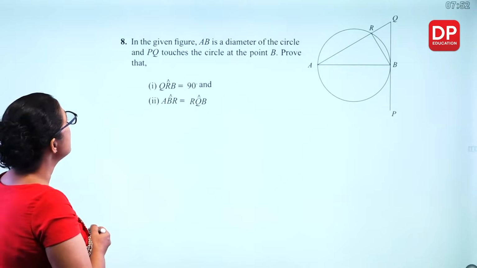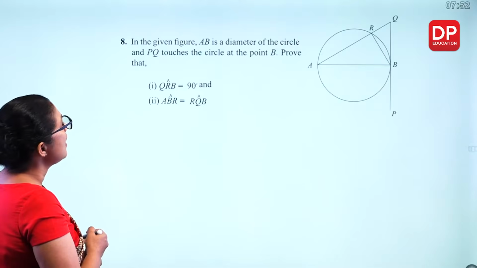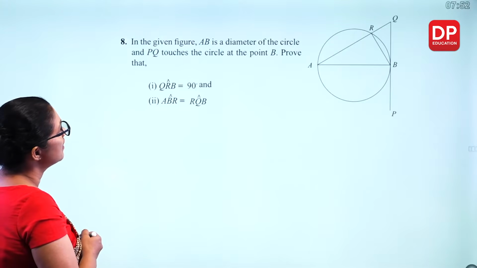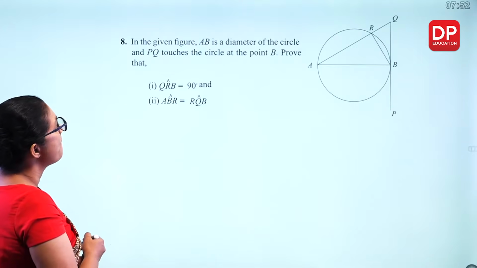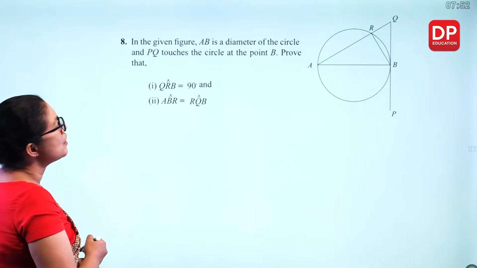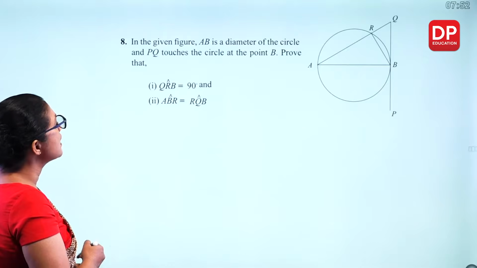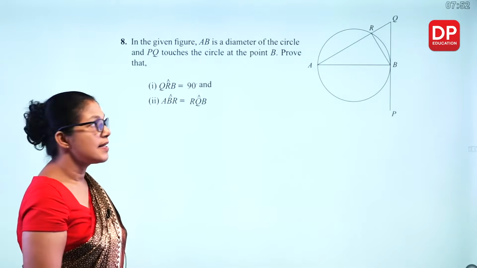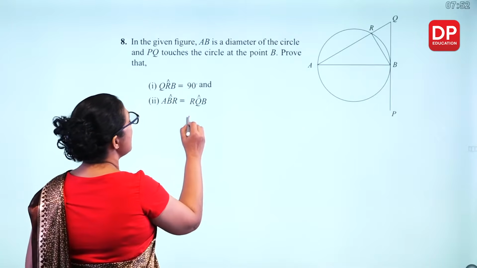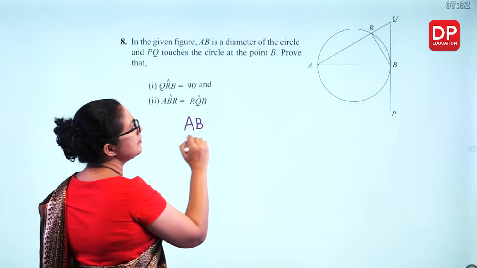Question number 8. In the given figure, AB is a diameter of the circle and PQ touches the circle at the point B. Prove that angle QRB is 90 degrees. It's easy because AB is the diameter.